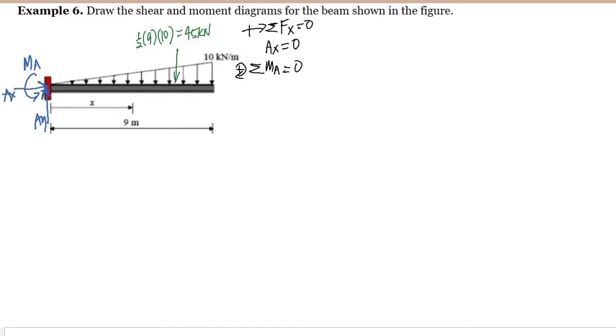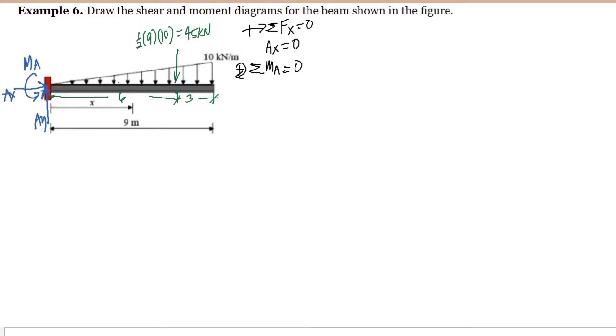This 45 kilonewton can be found at 1/3 from the 90-degree side, and we have 2/3 naman dito sa kabila. So meaning in here we have 1/3 of 9, so that is equal to 3, and the 2/3 of 9, and this is equal to 6. And this is the location of the resultants of our load.